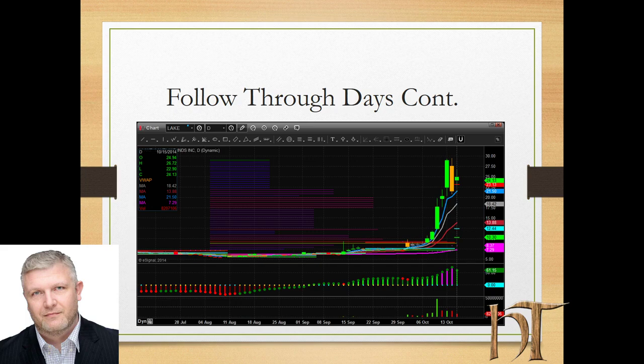There's going to be a lot of upside, a lot of potential there, but if we break the high of the previous day and then sell off, we're going to be disappointed. So just be wary of those follow-through days. They're not always as volatile as the breakout day.